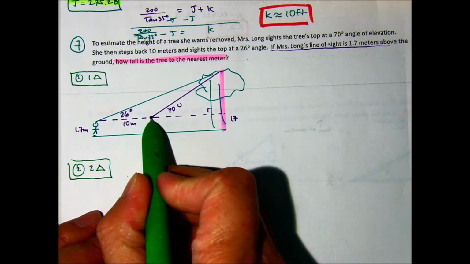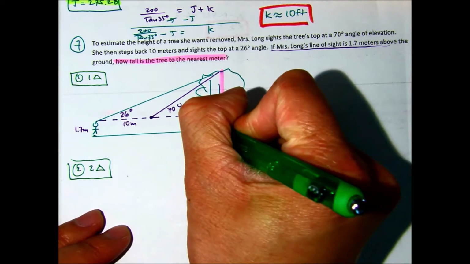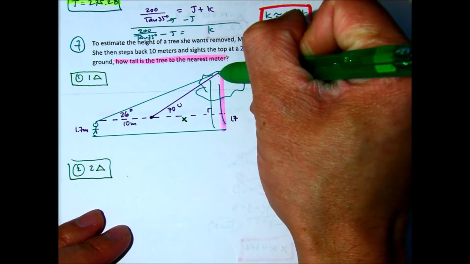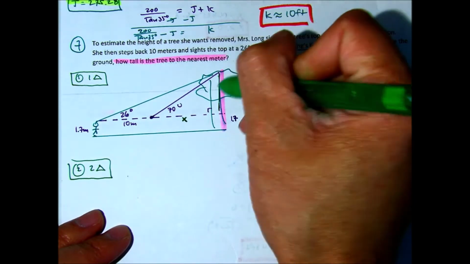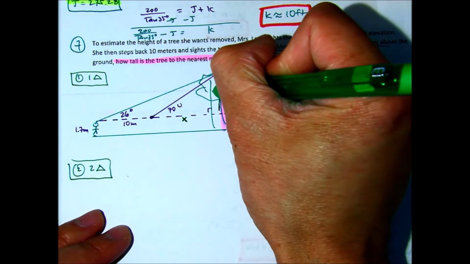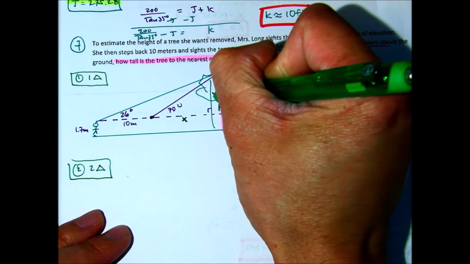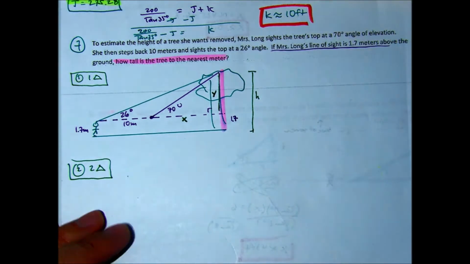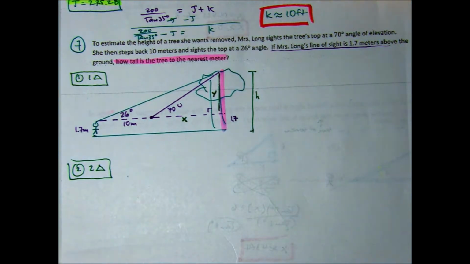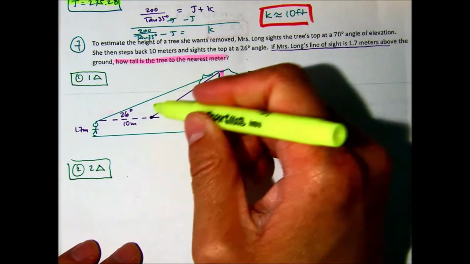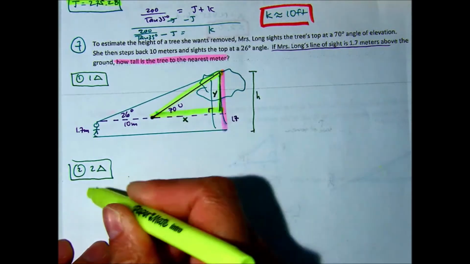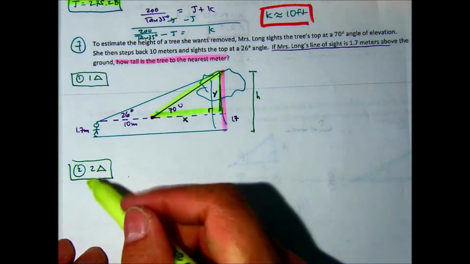I have this distance from where she started to the tree. I'm going to call this one X. This distance over here, before we call that height, I'm just going to call it Y for now. The reason why is because I want to call this one the height. So let's go ahead and draw our two triangles. Pick your favorite color. So here's our first triangle.